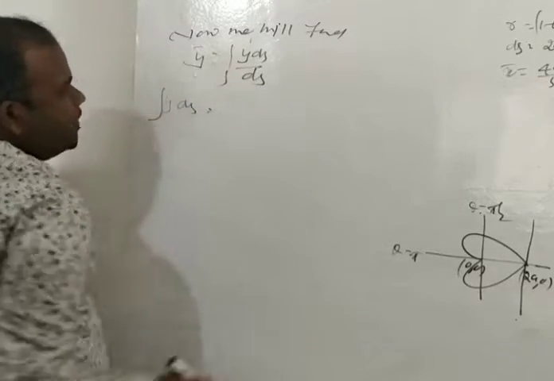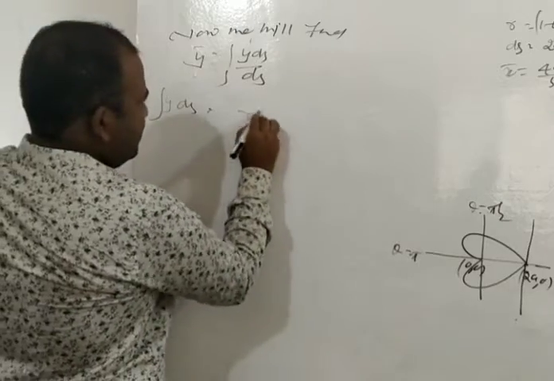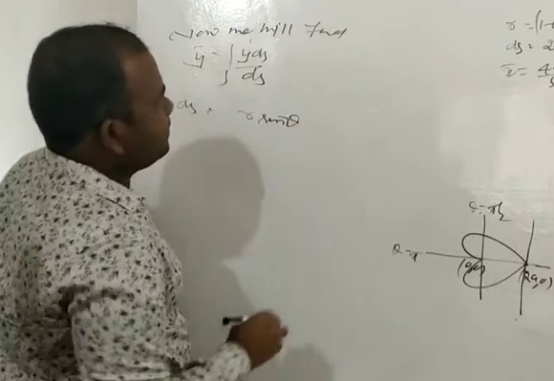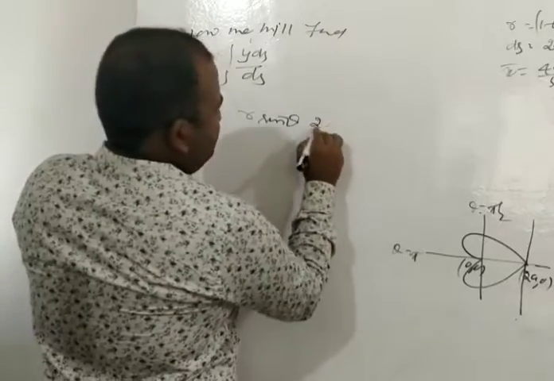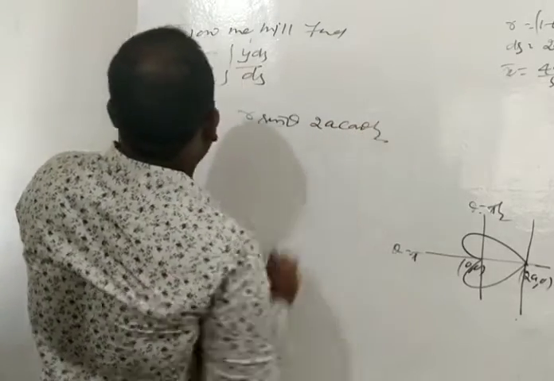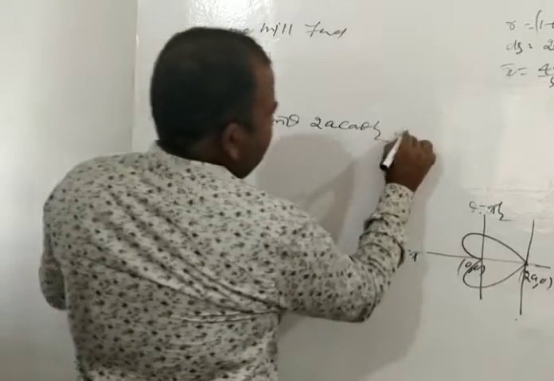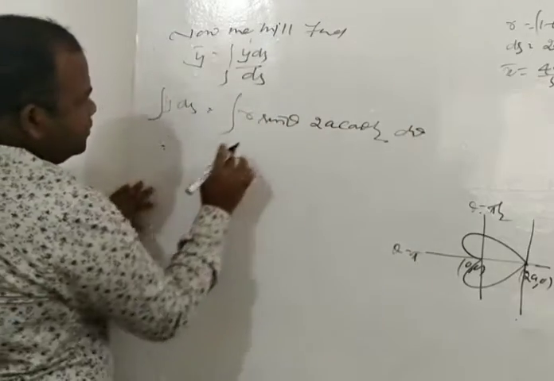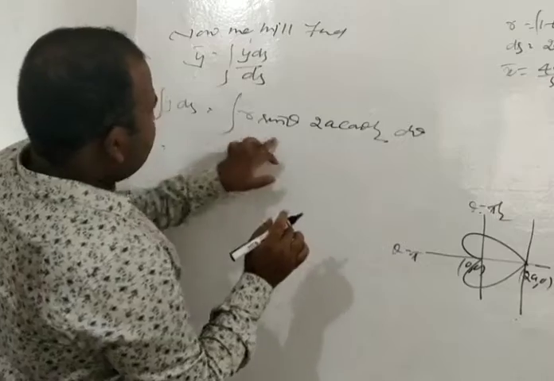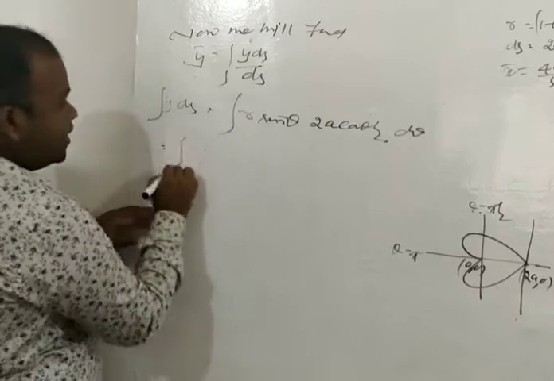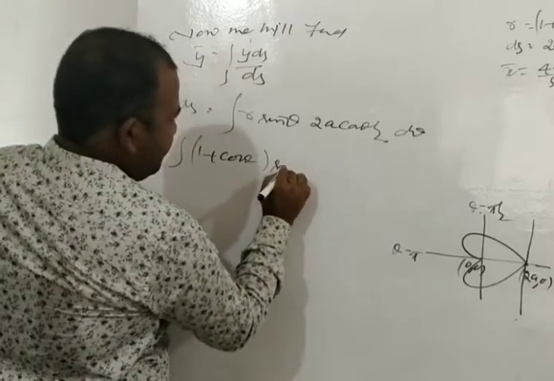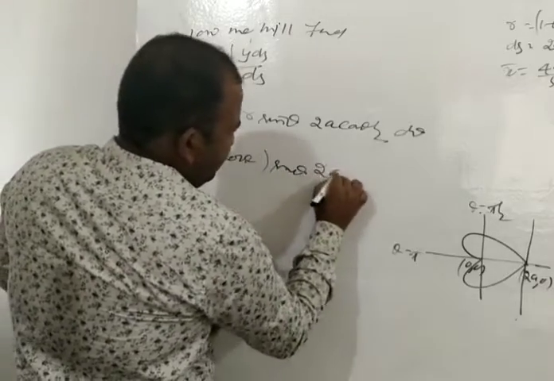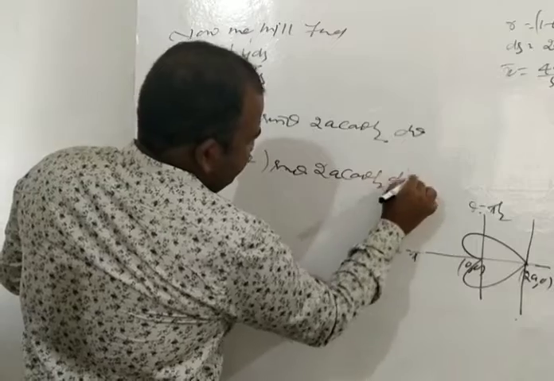What is the value of y? x equals r cos theta, y equals r sin theta. Then what is the value of ds? 2a cos theta by 2 into d theta. So y equals r sin theta, and r equals 1 plus cos theta into sin theta into 2a cos theta by 2 into d theta.